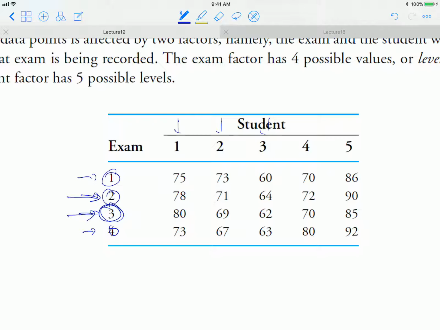Okay, so that is the situation that we want to perform our hypothesis test on. The null hypothesis is that all the 4 exams have exactly the same difficulty, right? So their true mean values are actually the same as each other. And then we can consider the exact same thing in terms of different students.